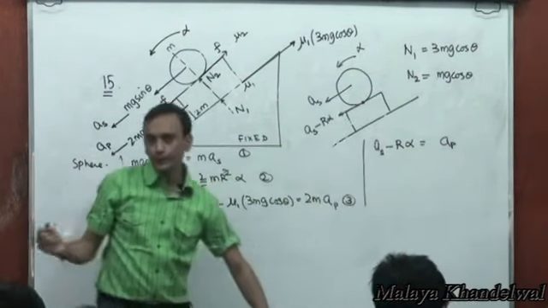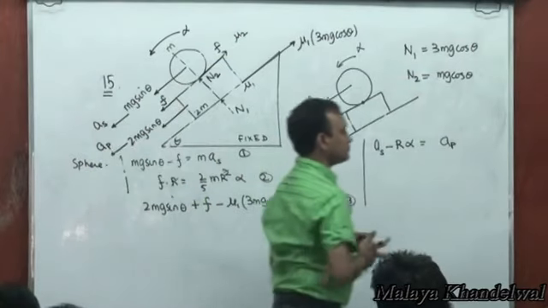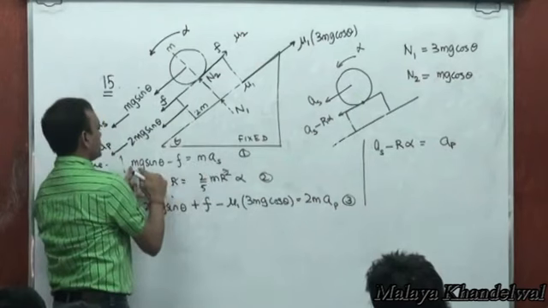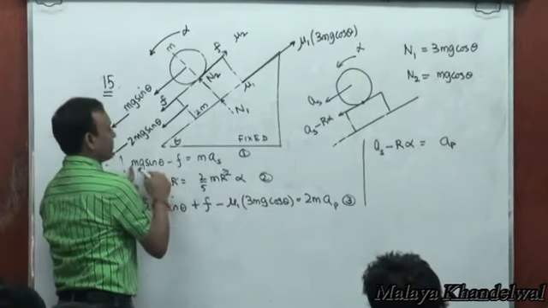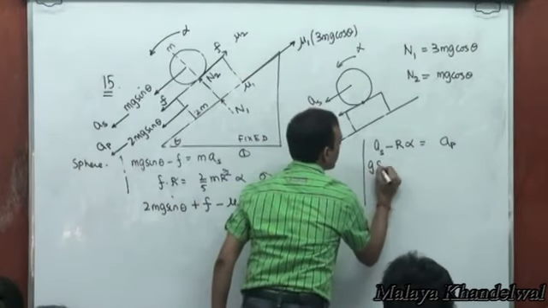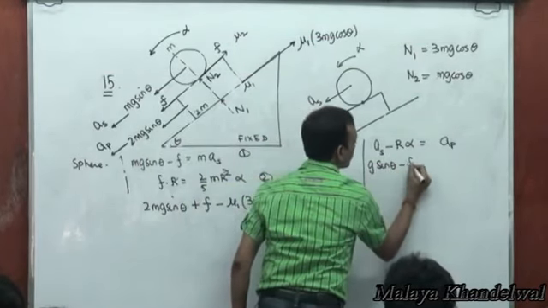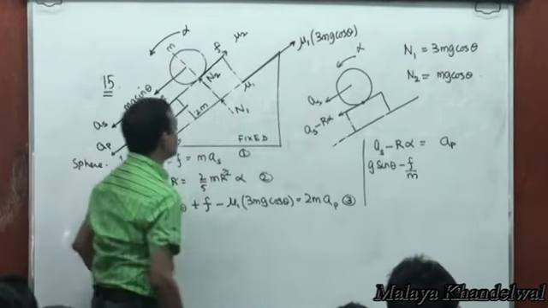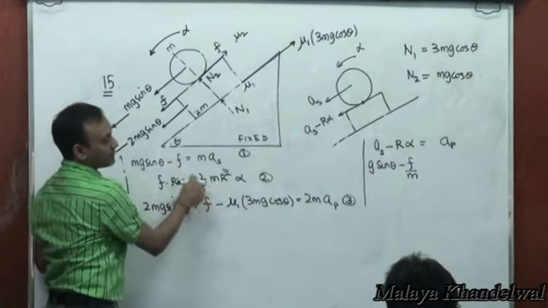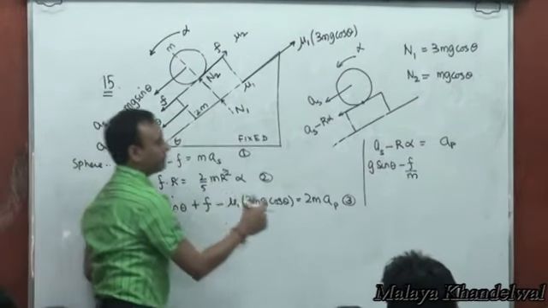So far, so good. Now, what is AS? AS is mg sin theta minus f by m. So g sin theta minus f by m. What is R alpha? 5f by 2m.